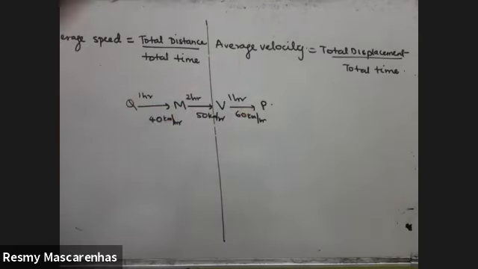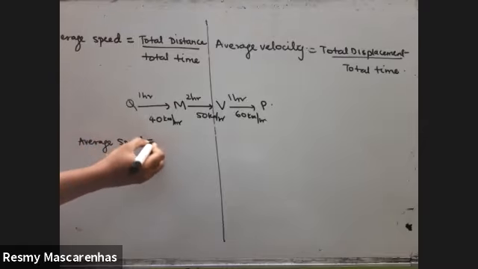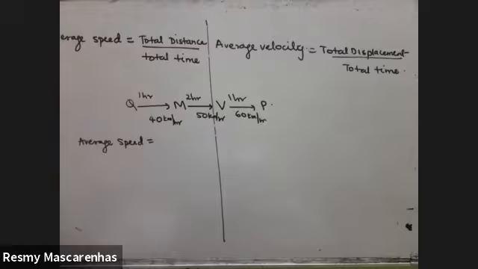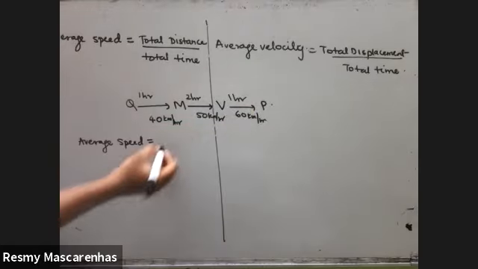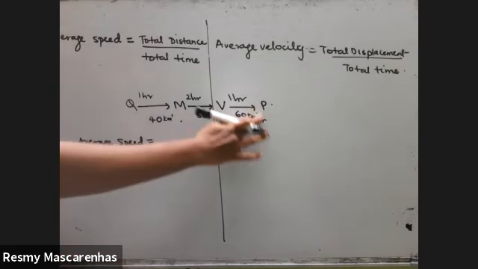Here again maybe 1 hour. So what is the average speed? It is nothing but the total distance. For example, I'll show you. My average speed would be going from here to here, the total distance. Or you can say only kilometers I'll give you.